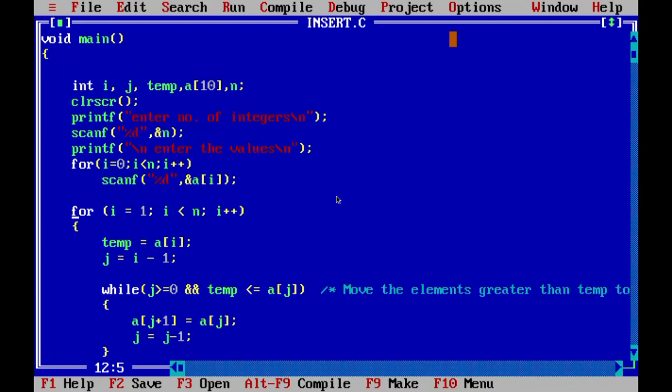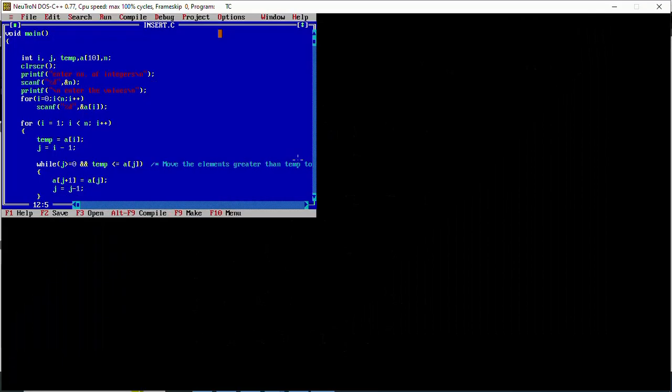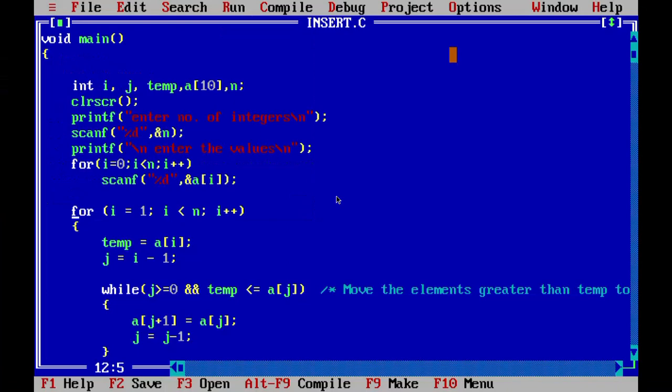The reason is very simple; by this time you might have guessed, I just want to skip my first element. This is my 0th element. I don't want the 0th element to be part of the iteration because the 0th element is assumed to be my sorted list. So I start from index 1, and from there I'll be doing comparisons. That's the reason my for loop has started from i equal to 1.